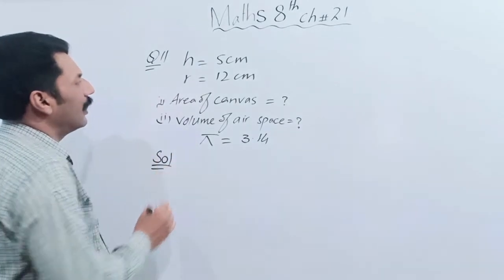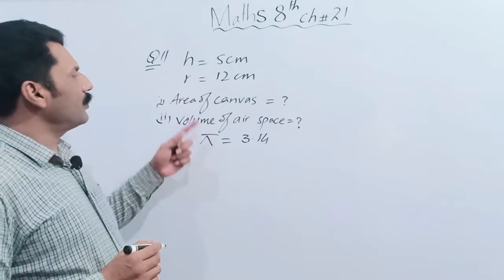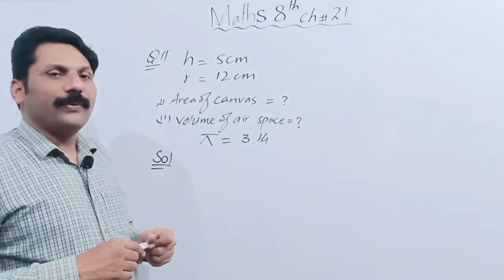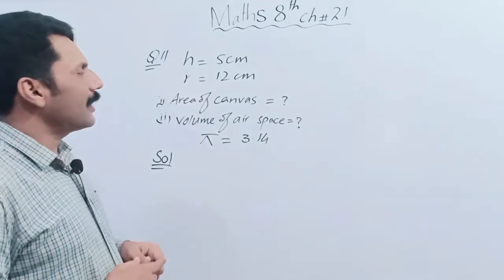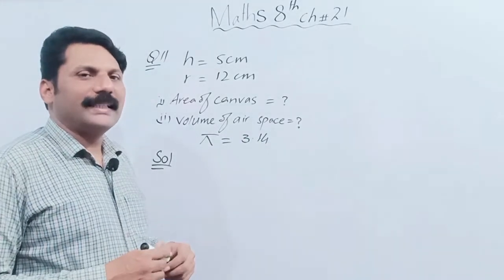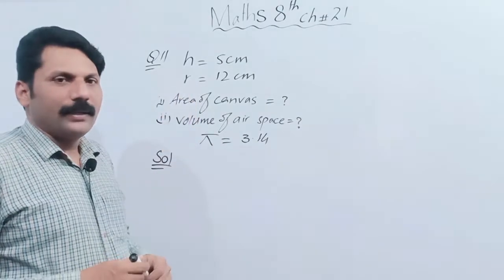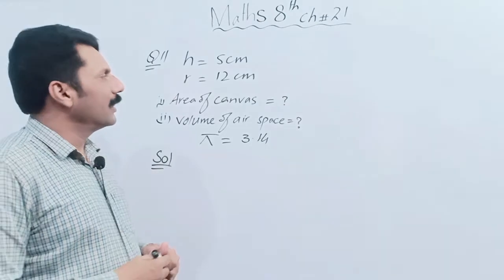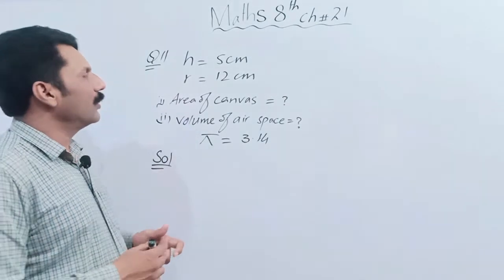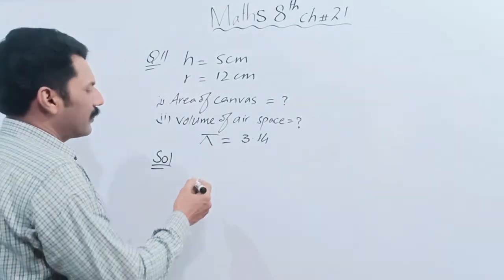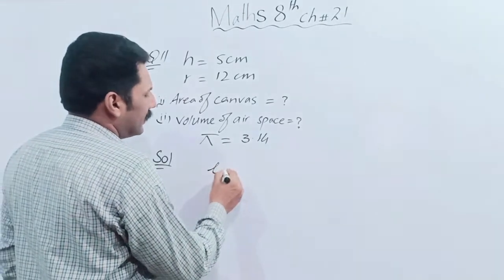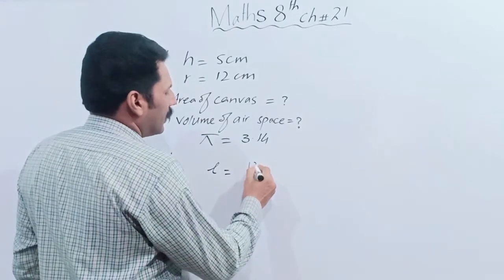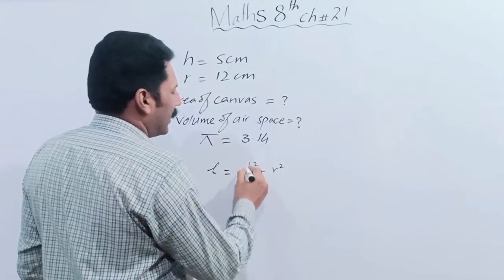Once again, if we want to find area of canvas or area of a right circular cone, it is pi r into r plus L. So where is L? The slant edge length is not given. So what will we do? We will use the formula to find L, that is L is equal to h square plus r square and square root.